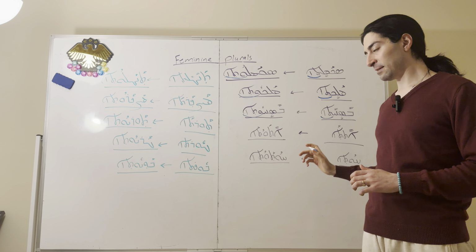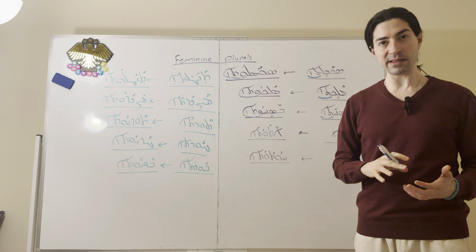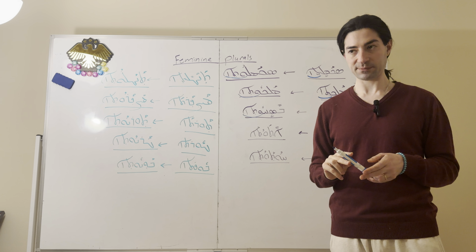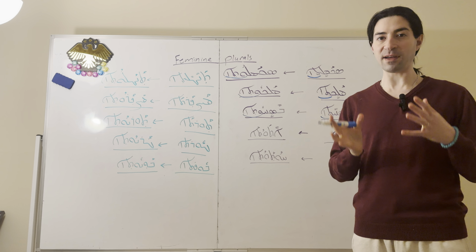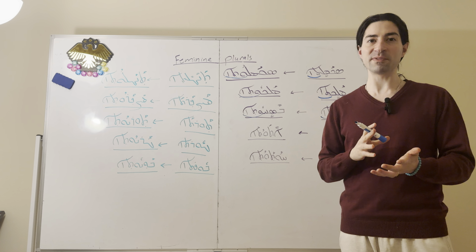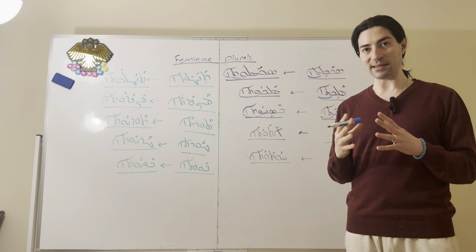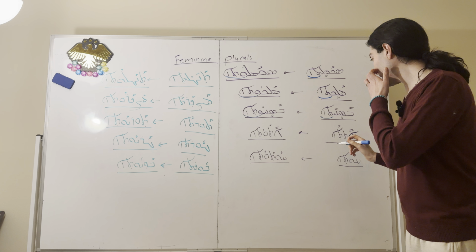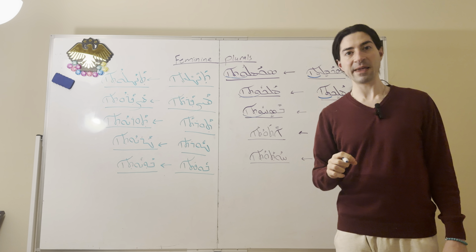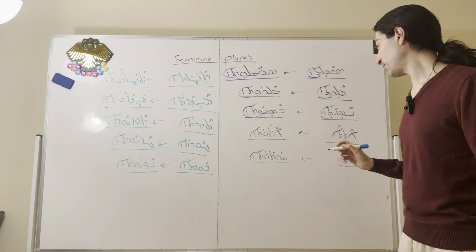Now, let's look at words that also end in tha, but that are made of only two syllables. Keep in mind that the tha is one syllable, so you can't have a single syllable of this form. It has to be at least two syllables. So let's look at the word ichtha. Ichtha means wife.